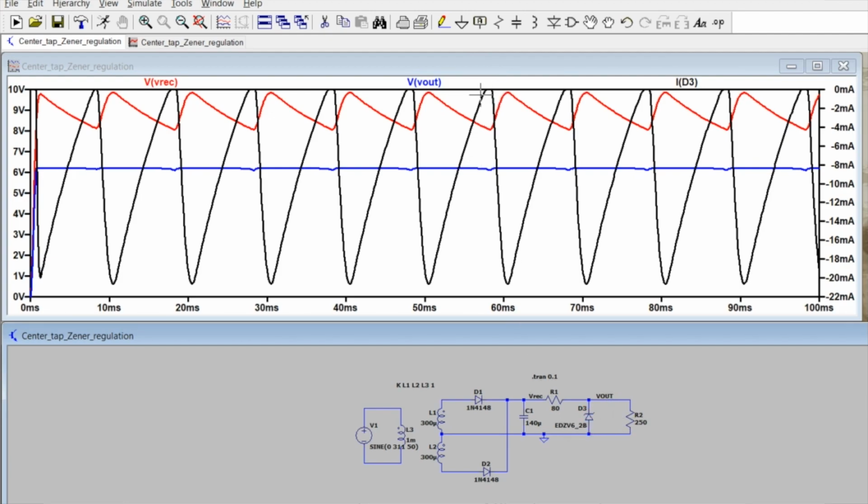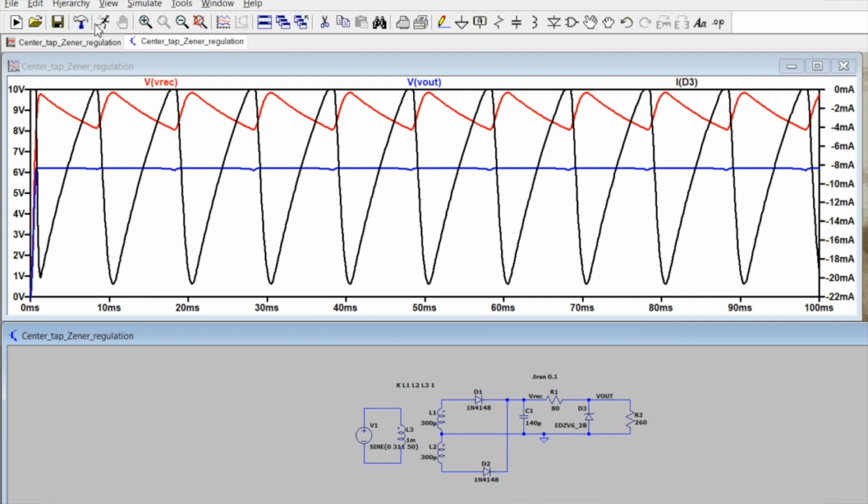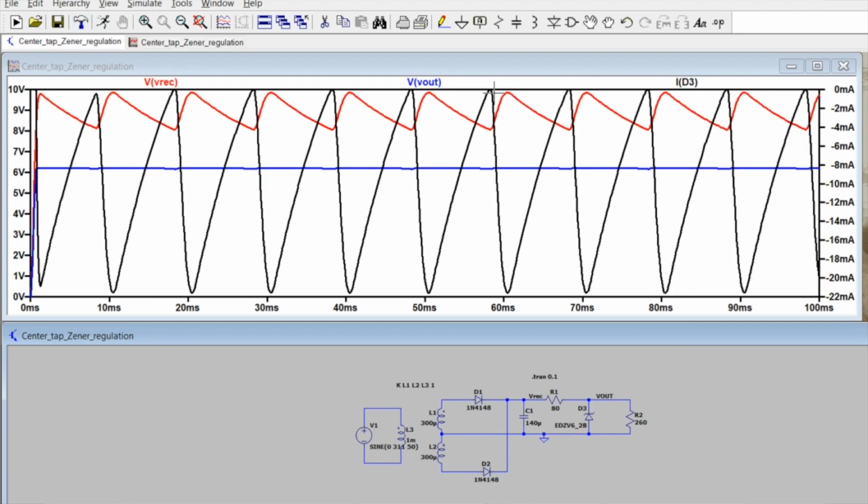As I was mentioning, in this case my IZK we should make around 0.2 milliampere. So this is 250, and if I slightly increase to 260 maybe, you can see there is a slight increase in the diode current.